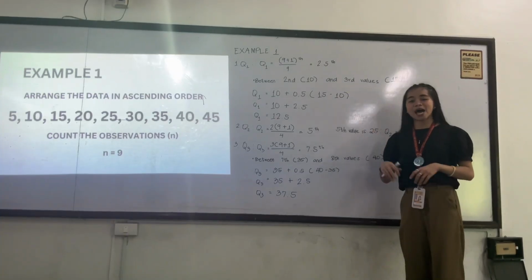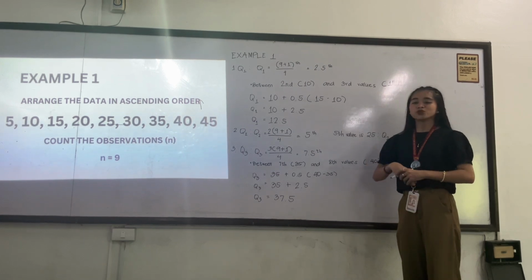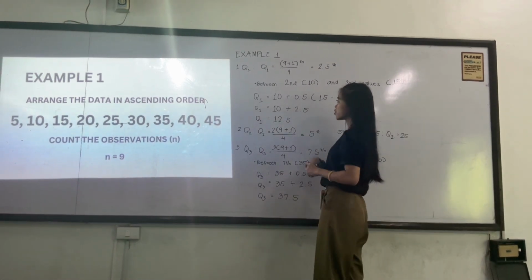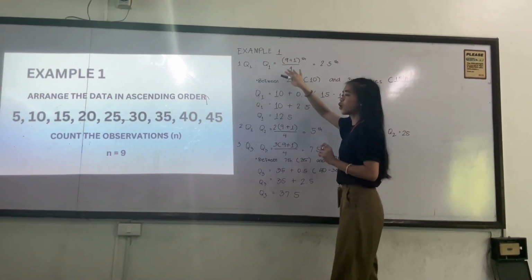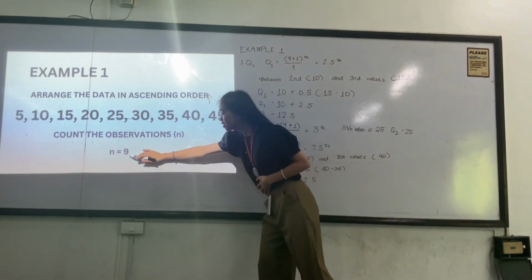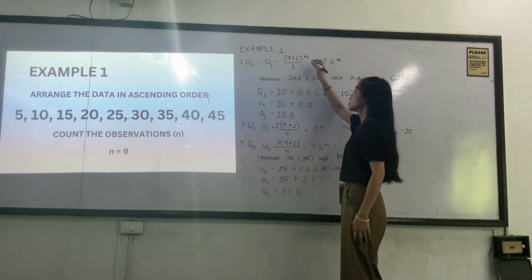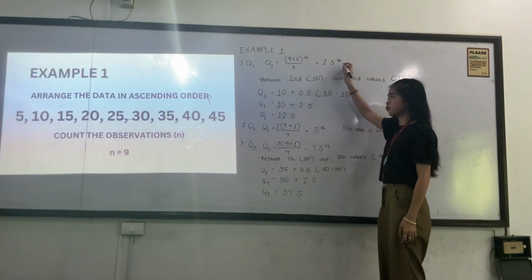So the third step is to solve for the quartiles 1, 2, and 3. First things first, we have to solve for the first quartile. The formula that we'll be using is 9, which is the n, plus 1 all over 4, and we have 2.5.